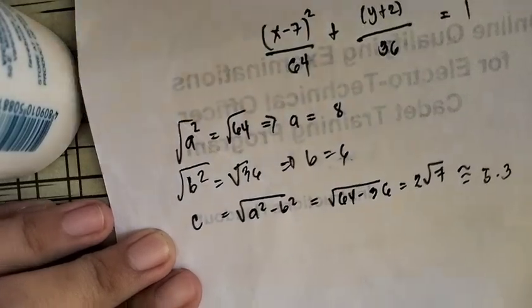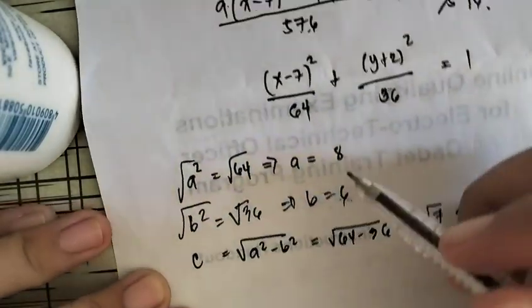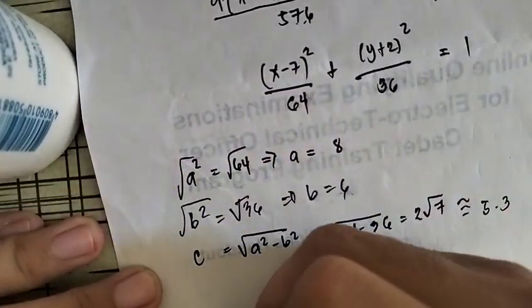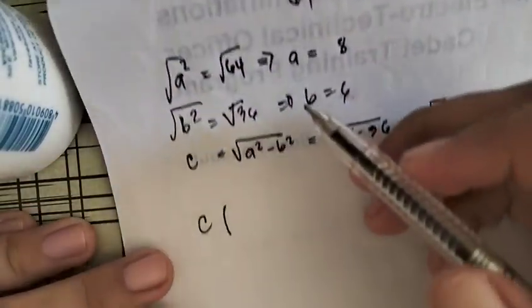So, plot ra po din ninyo unsay center ani. Center ani nga equation. So, center is 7, negative 2.